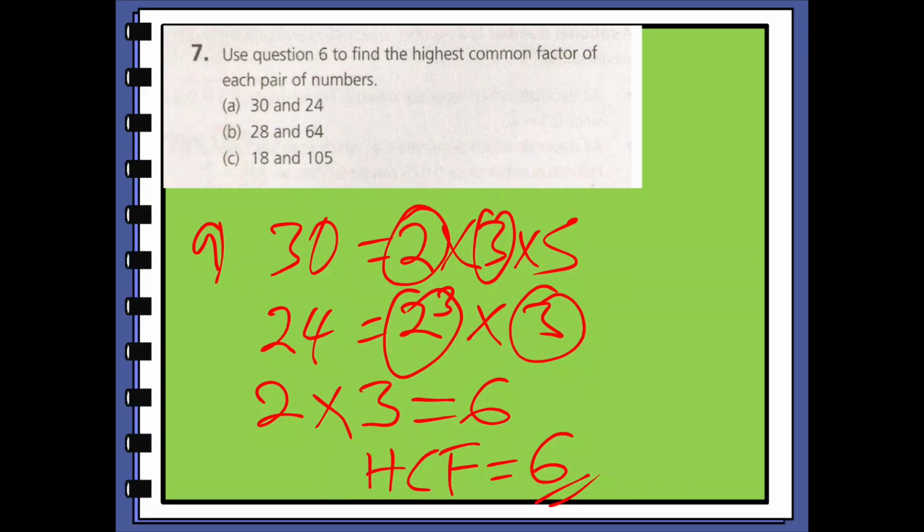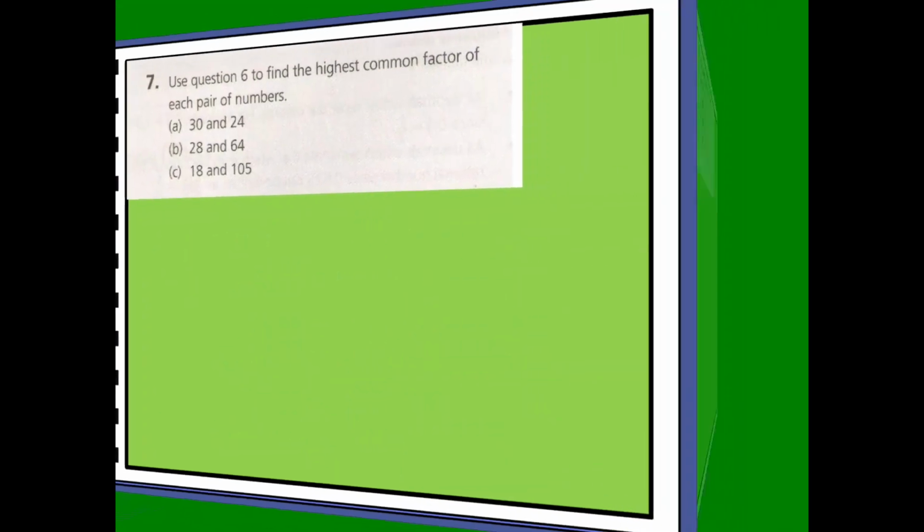Then we multiplied them without paying attention to the power. Here there's a power 3, we didn't pay attention to it. Now when it comes to lowest common multiple, let's say 30. We do know that for 30 we found 2 times 3 times 5, right? This was the product of prime factors.